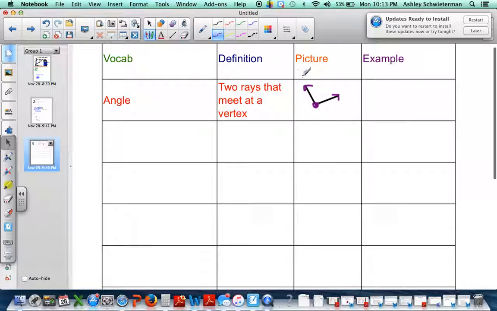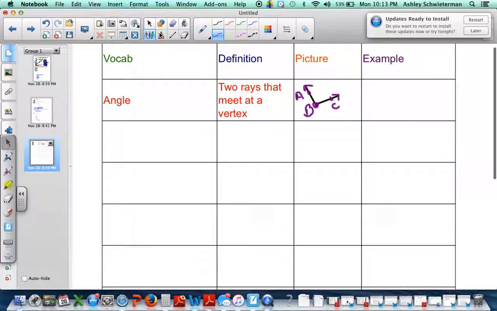And angles are labeled 3 ways. As long as it can only name one angle, it can be named with a single letter. So this could be angle B. If it doesn't describe just one, you're going to have to give it 3 letters.